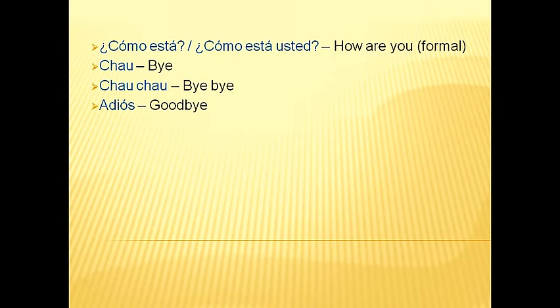The same as in English, adios is a bit more formal than ciao, but also has the connotation of a more permanent bye. So we usually say adios to somebody we think we might not meet very soon.